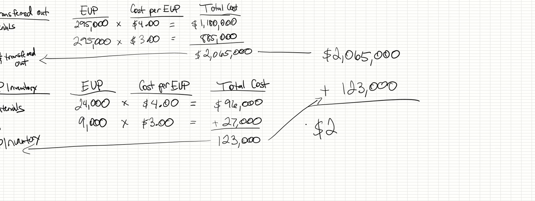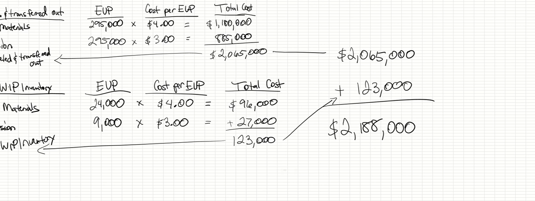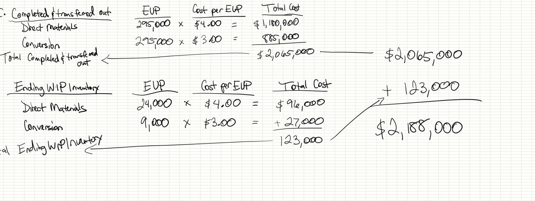That comes out to be $2,188,000. That's our total cost accounted for direct materials and conversion in respect to the units completed and transferred out from Department A, the forming department, to Department B, the painting department, and also in respect to ending work in process inventory for the forming department.